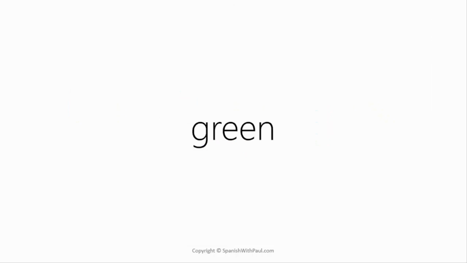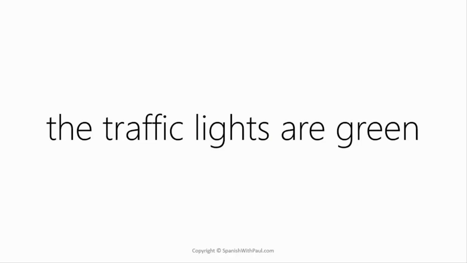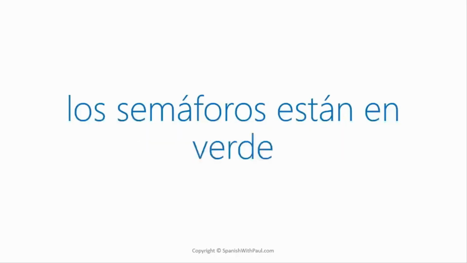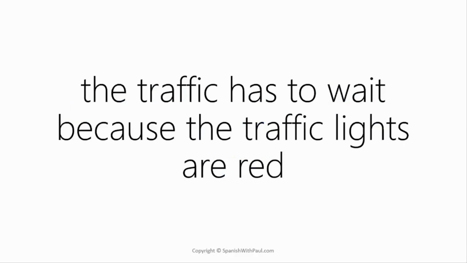The word for green in Spanish is verde, verde. How would you say the traffic lights are green? Los semáforos están en verde. The traffic has to wait because the traffic lights are red.